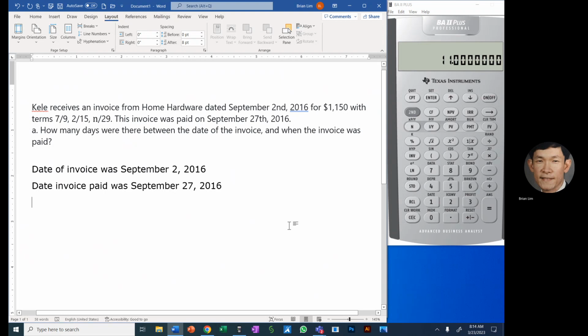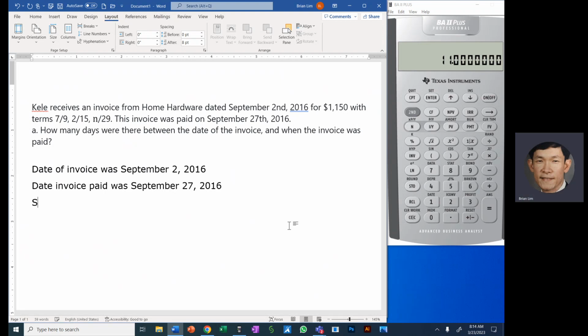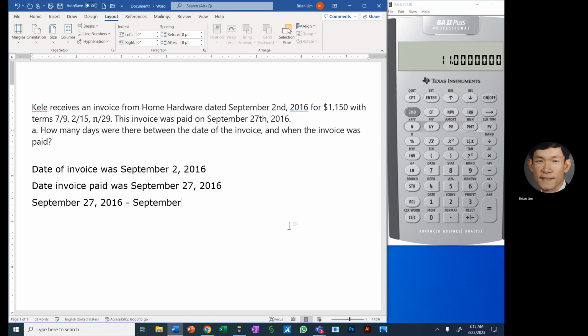So the number of days, if you take September the 27th, 2016, and then we subtract September the 2nd, 2016, that's equal to how many days?